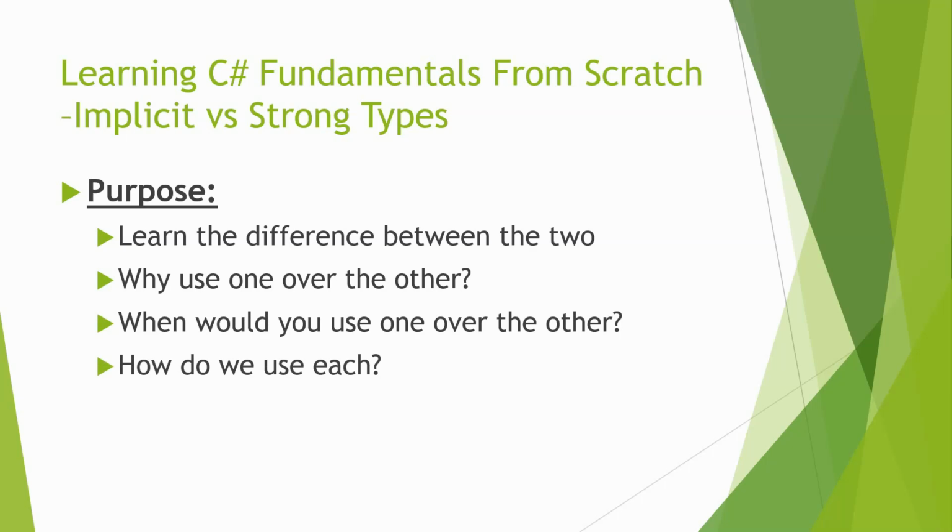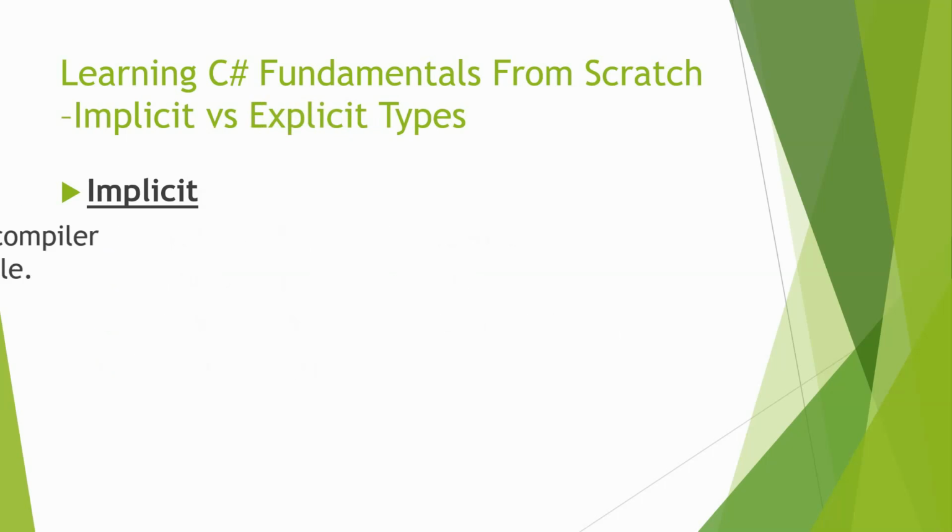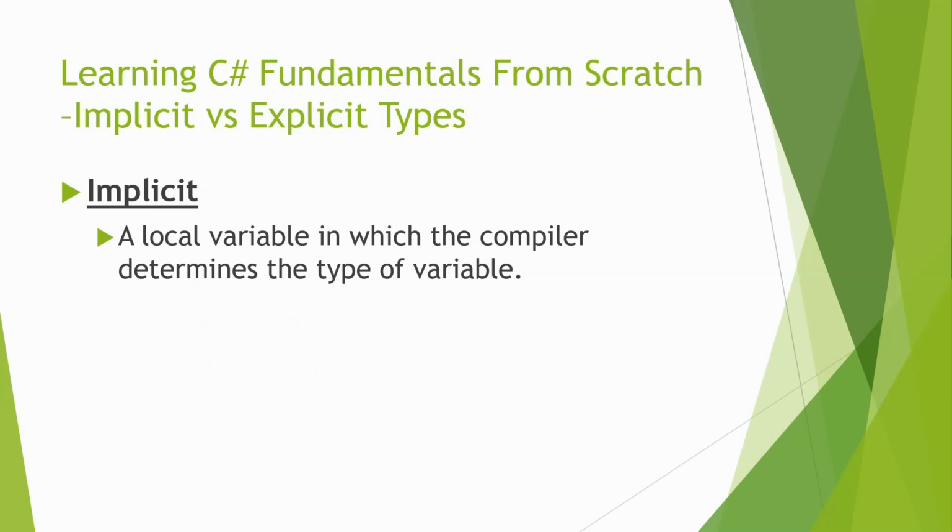This lesson is not going to be as long as some of the previous lessons, because to me it's not something that's earth-shattering, a you-got-to-know rocket science kind of thing. So basically, an implicit variable is a variable that the compiler determines when you compile your code.